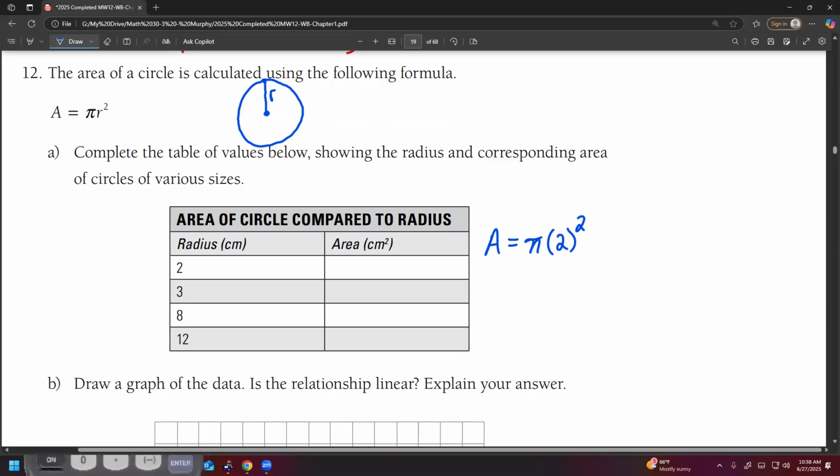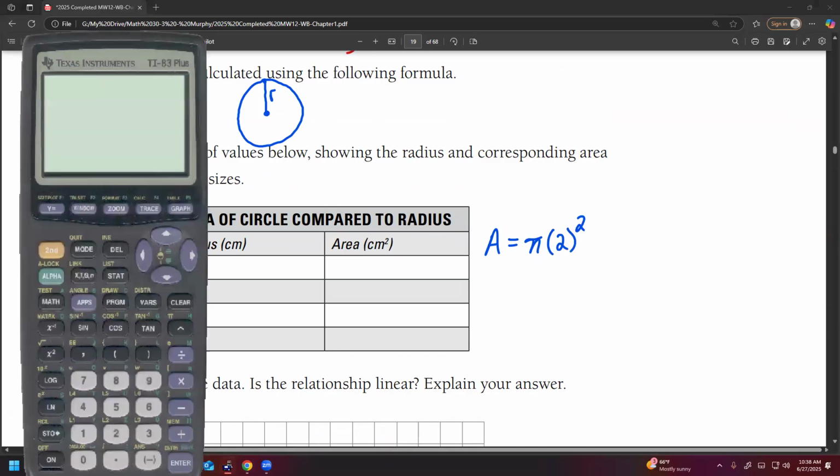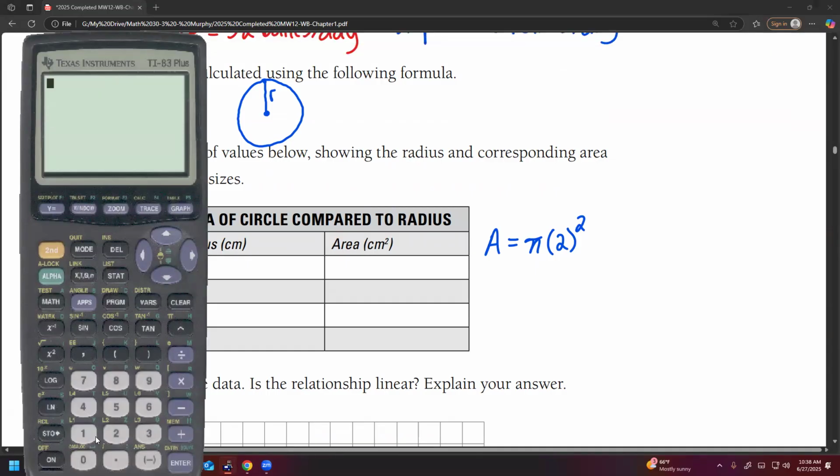So in your calculator, I'm going to go 2 squared, or you can go 2 times 2 and get 4, and then multiply by pi, so second, and activate this yellow one here.